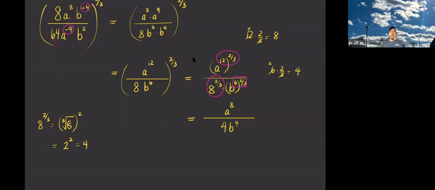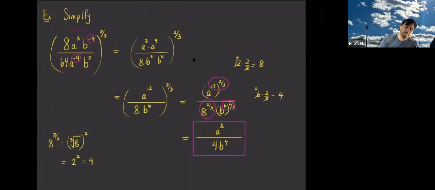So isn't my answer a to the 8th power over 4 times b to the 4th power? So that's how we simplify these exponential expressions with a given fractional exponent. We shouldn't be afraid of fractional exponents any further.